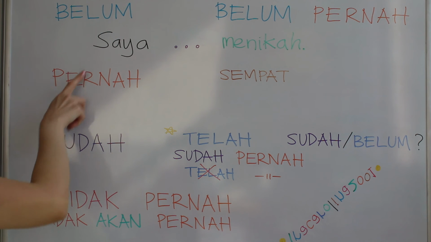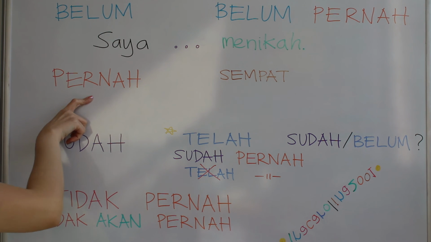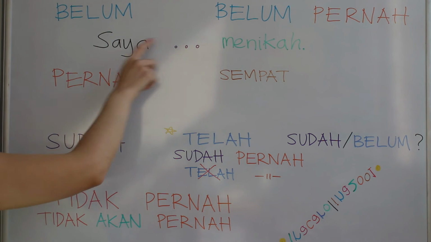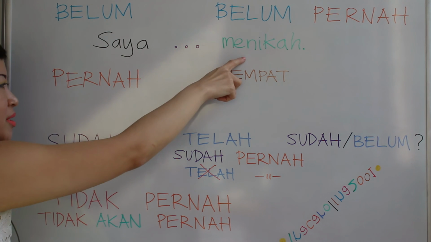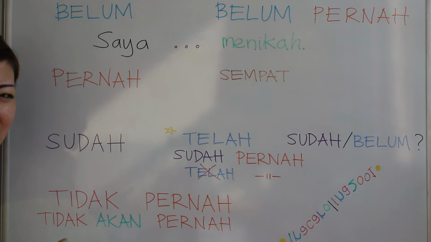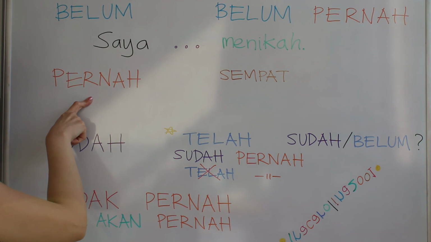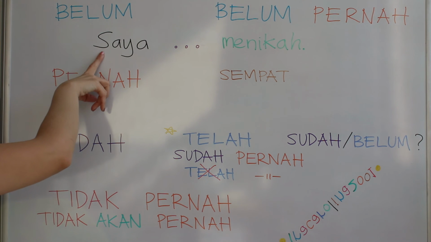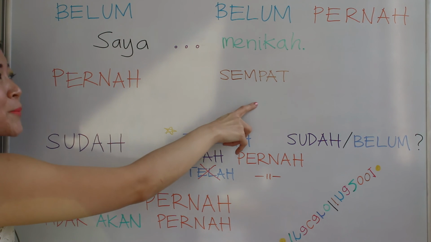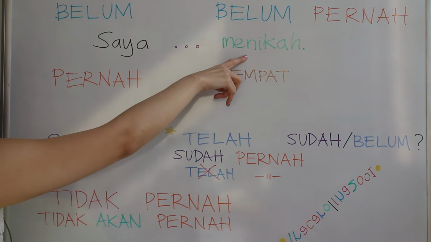Saya pernah menikah. I ever married. It can be that now I am not married anymore, or I'm divorced or something like that. But ever. Pernah. Saya sempat menikah.